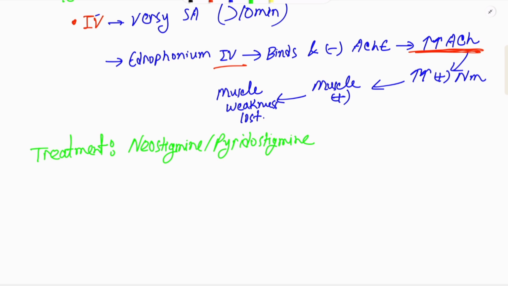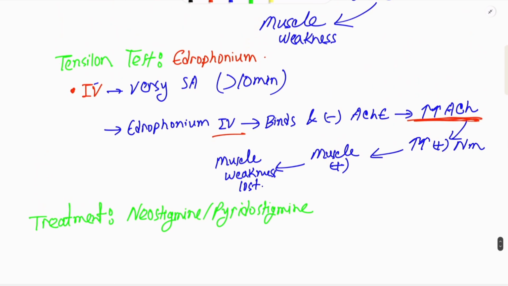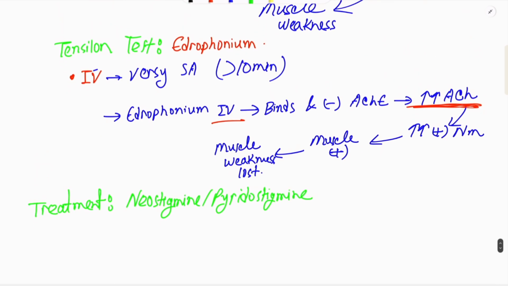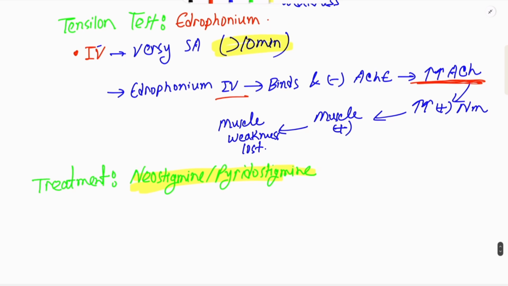Those were neostigmine, pyridostigmine and edrophonium. So we used edrophonium for tensilon test. Why did we use edrophonium? Because it was very short acting. But we will use neostigmine or pyridostigmine for the treatment because they are long acting. To avoid the muscarinic adverse effect, we can use atropine with it. So that's all about myasthenia gravis.